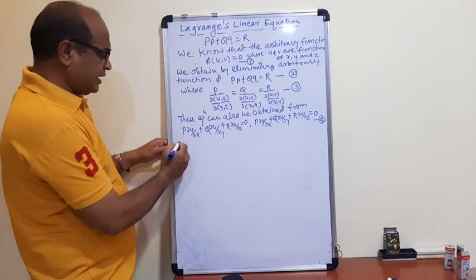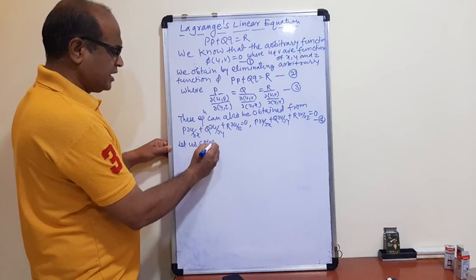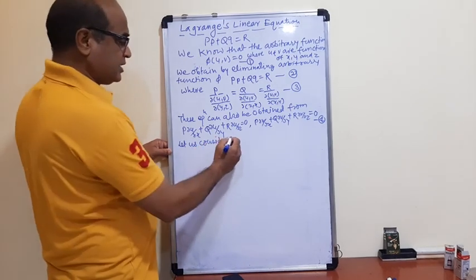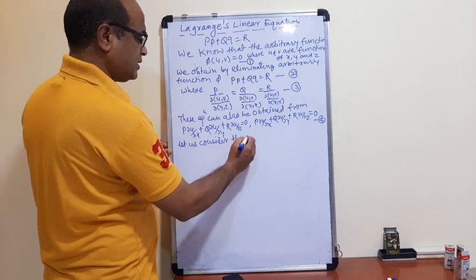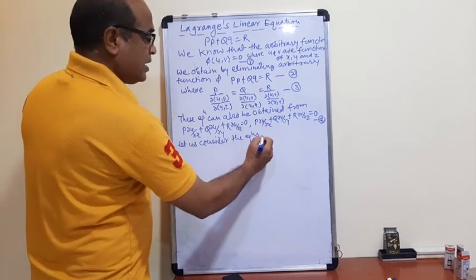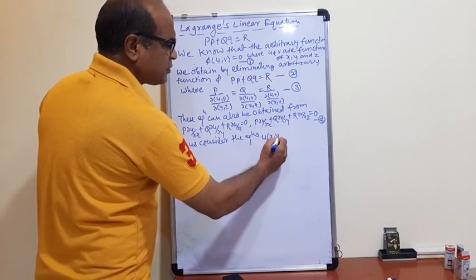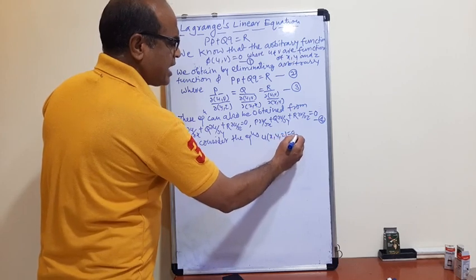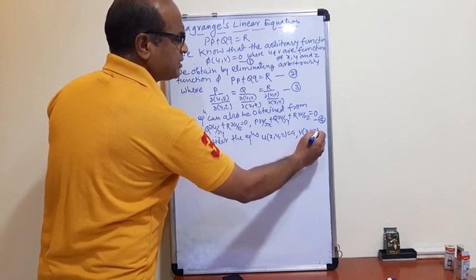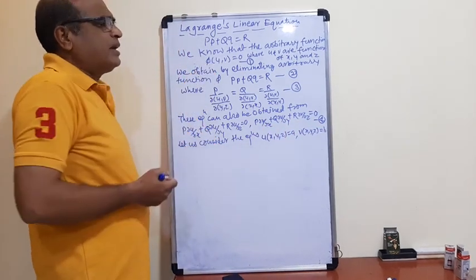Let us consider the equations: u is a function of x, y, z equal to a, and v is also a function of x, y, z equal to b, where a and b are arbitrary constants.